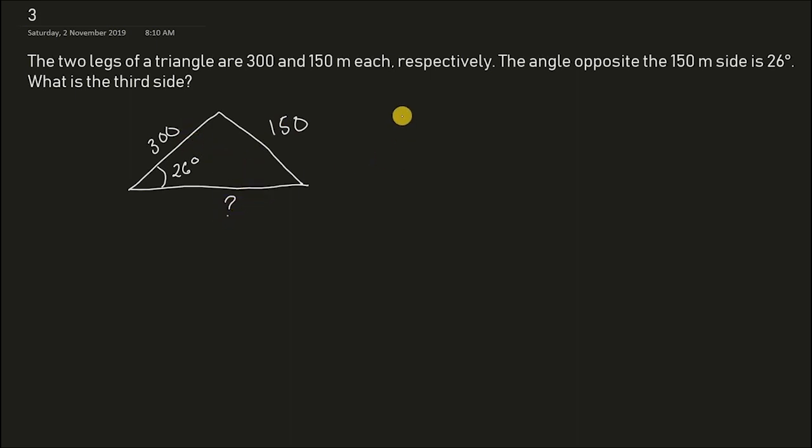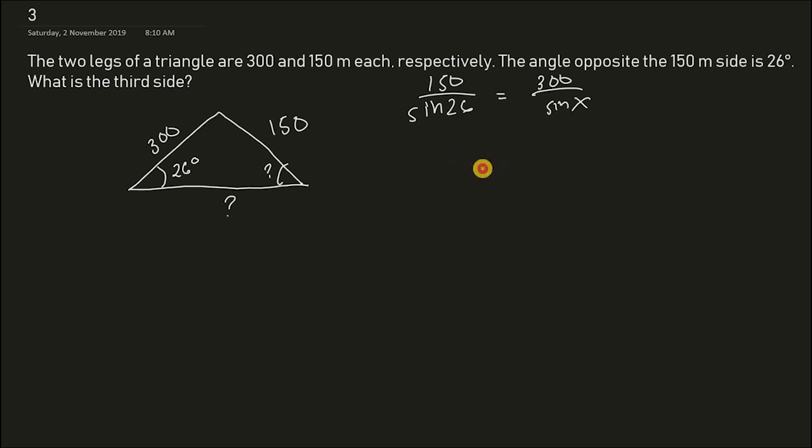So let's do that. So I would use sine 26. Yung side that is 150 over sine 26, which is equals to, I will solve first for this angle. So that would be equal to 300 over sine, let's name that sine x. So let's cross multiply.